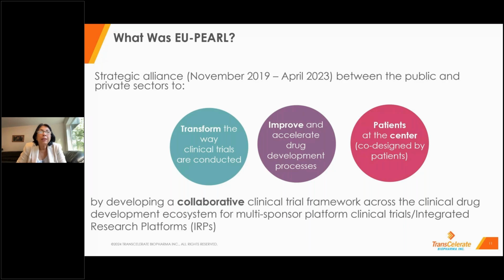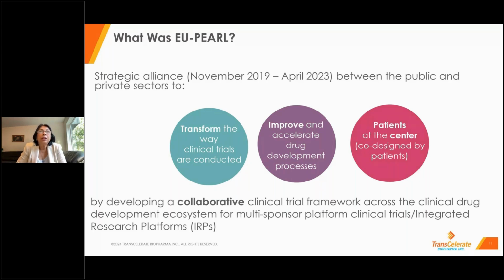And what ACT-EU would like is to strengthen the European environment for clinical trials while maintaining a high level of protection for the trial participants, ensuring data robustness and transparency that the EU citizens can expect.